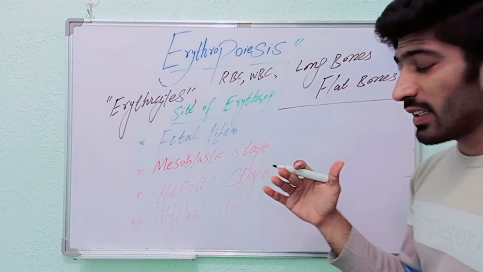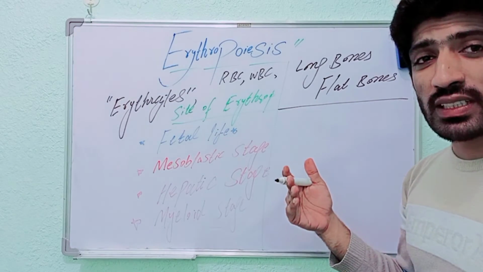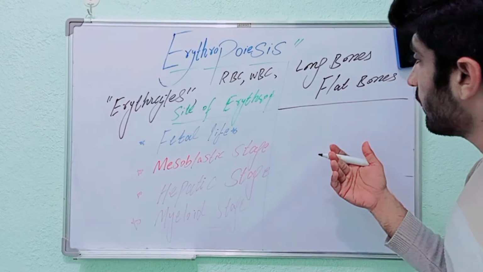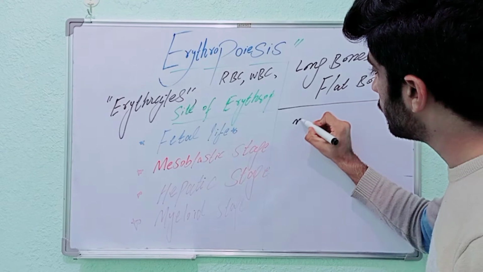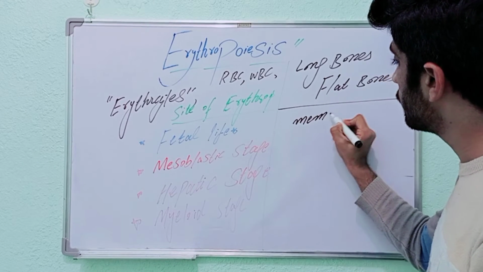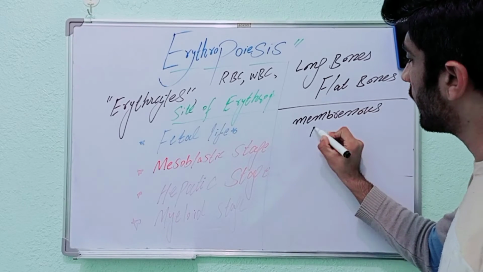After the age of 20, for a 23, 24 or 25-year-old man, the process of erythropoiesis takes place in membranous bones.